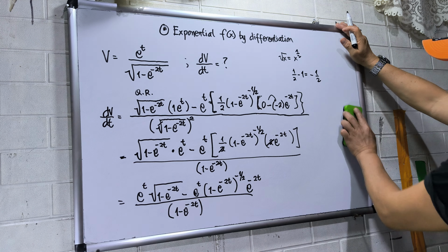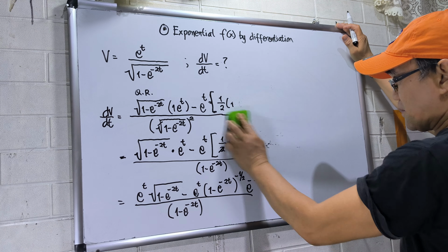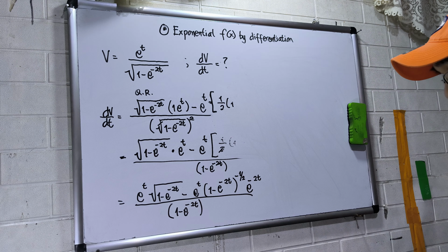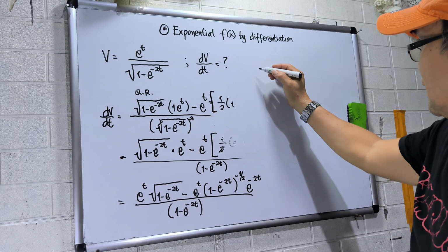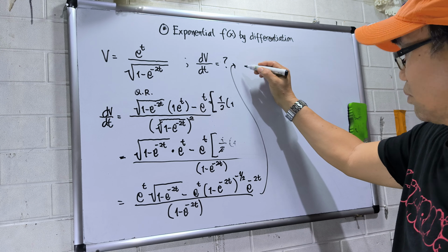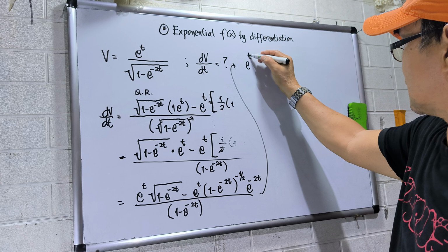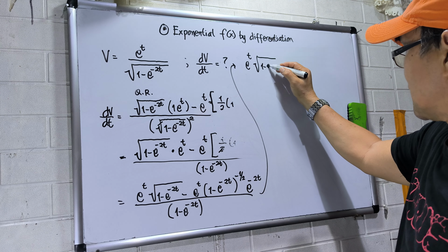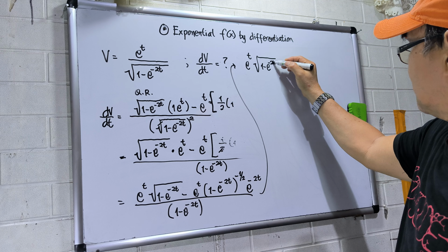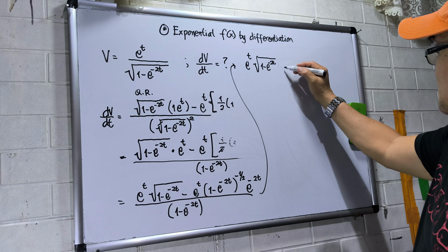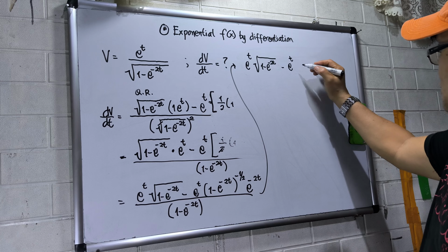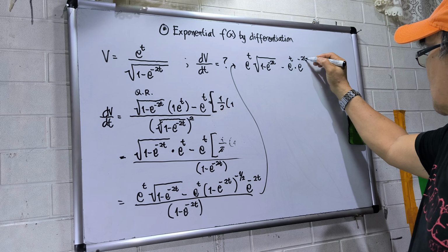Okay? So allow me to erase this portion for my further solution because I have only limited space on my whiteboard. So this will be e raised to the t power, and then square root of 1 minus e raised to the negative 2t, then minus e to the t, and then times e to the negative 2t.